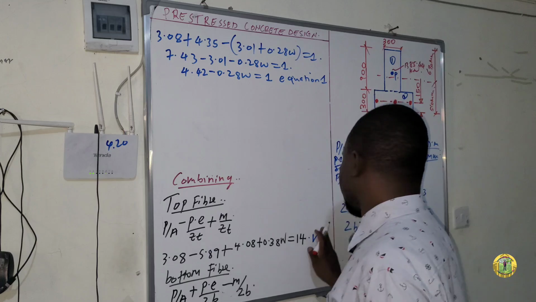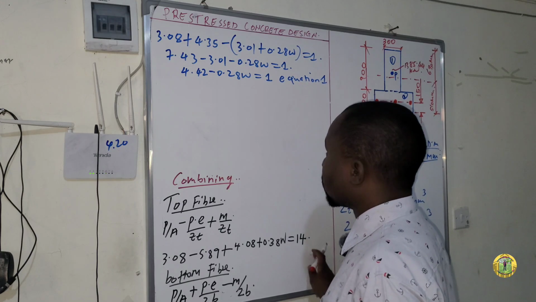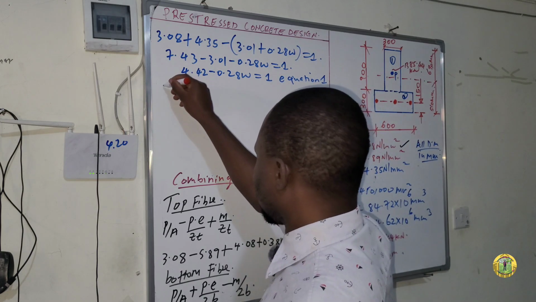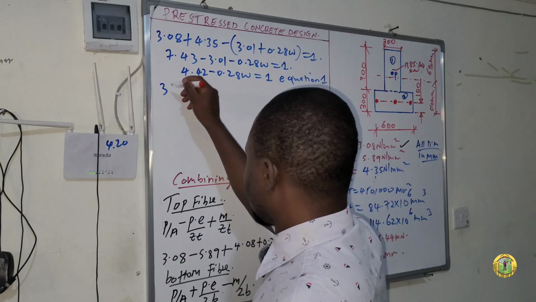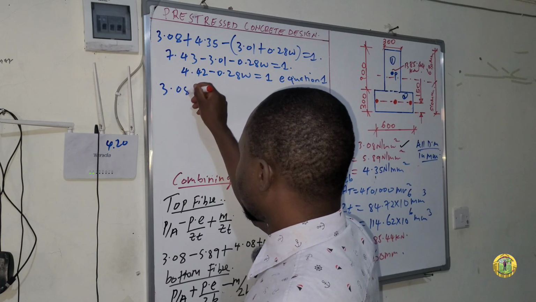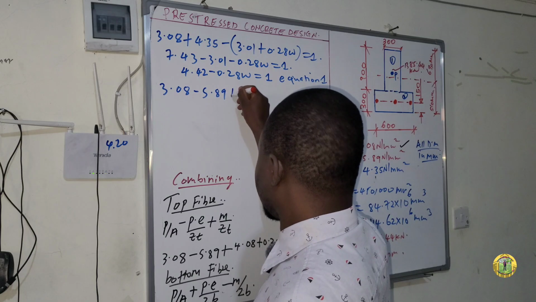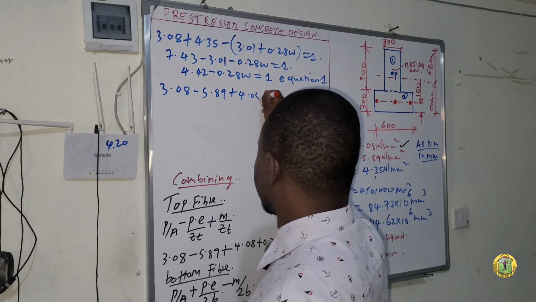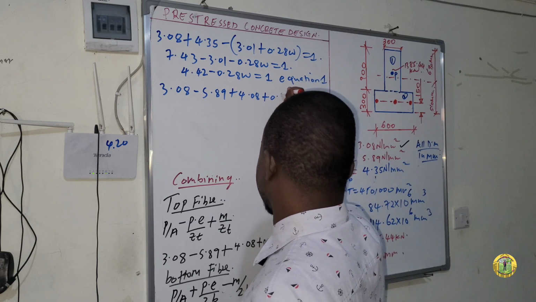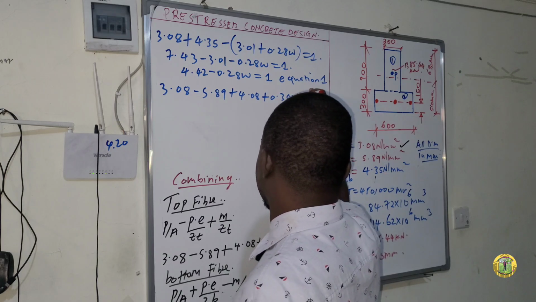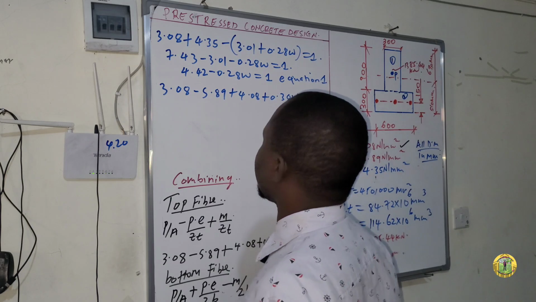Let's come again and simplify this. Here you have 3.08 minus 5.89 plus 4.08 plus 0.38 W is equal to 14.